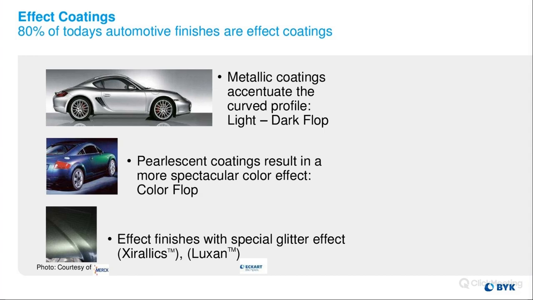So moving on from that, we have effect coatings, which is a different topic on how to measure color. You can see a lot of the cars today in the automotive industry use metallic coatings, pearlescent coatings, and special sparkle effects. And the issue with this is you can't measure it with a conventional 45-0 or D8 geometry, because you have these light-dark flops.